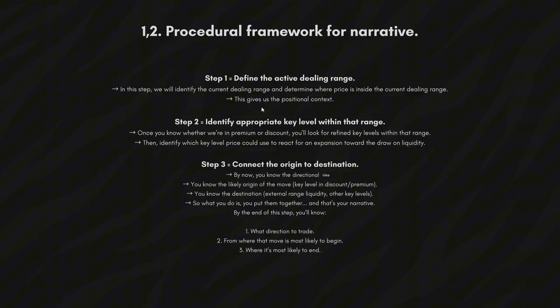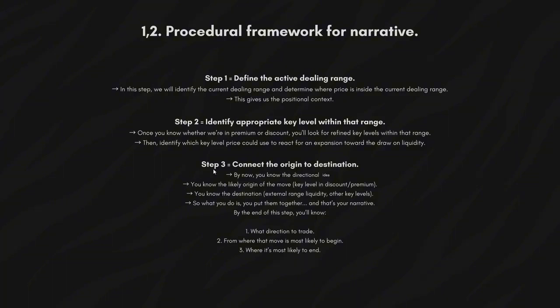That means we're not just marking every order block and every fair value gap within the dealing range. Instead, we are looking for a specific key level with proper logic behind it, one that makes the most sense for price to react off of and have that expansion swing or range expansion towards the drawn liquidity. And this is basically where your bias, your structure, and your liquidity logic all come together.